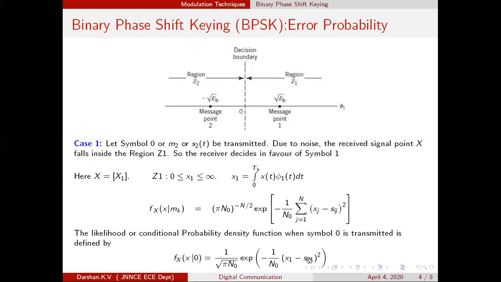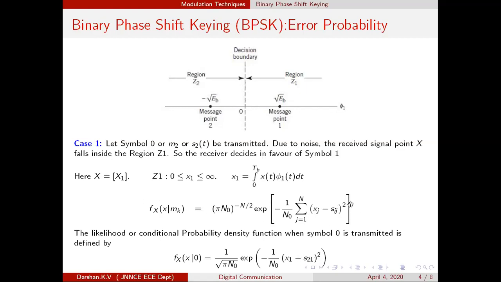Therefore here I should write S2, that is, it should be written as sij or skj, whatever it may be. Let's not bother. But here what you are supposed to do is s21 whole square. So this is the basic formula.